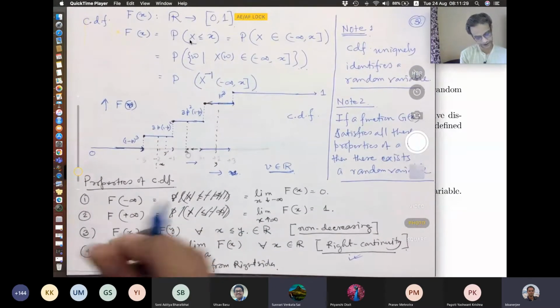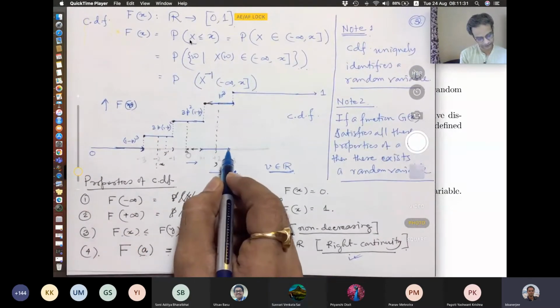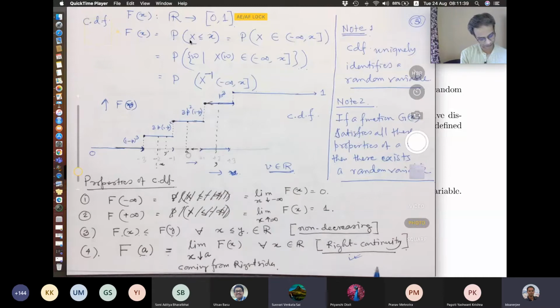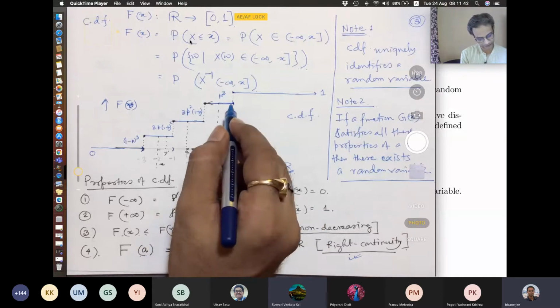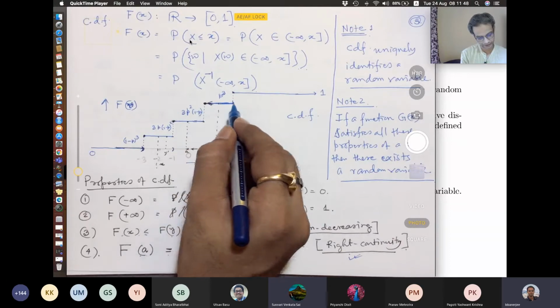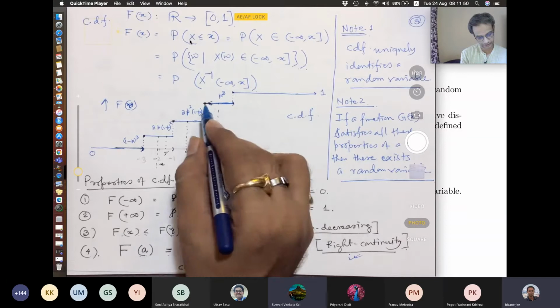The 3p square into 1 minus p step. Choose any of the steps. If we choose the right extreme of this part, then this is not right continuous.